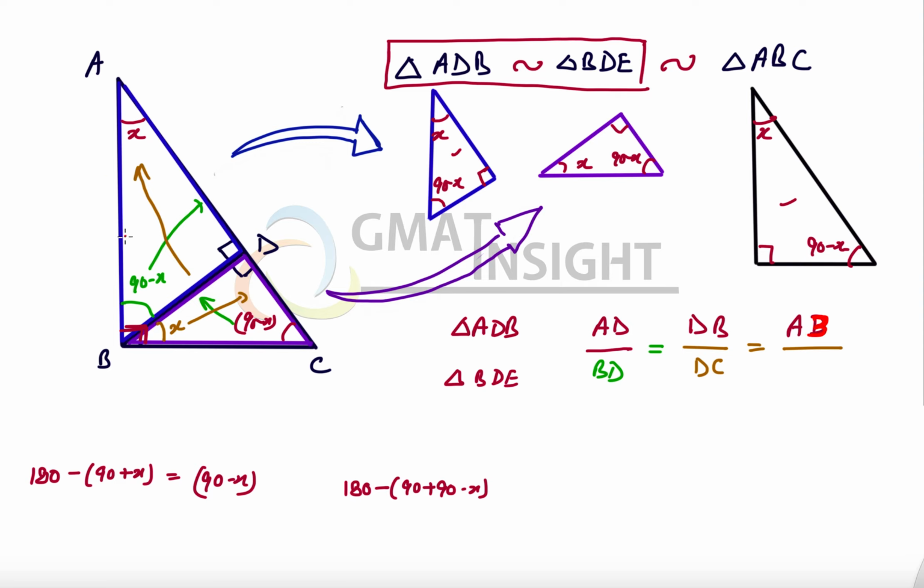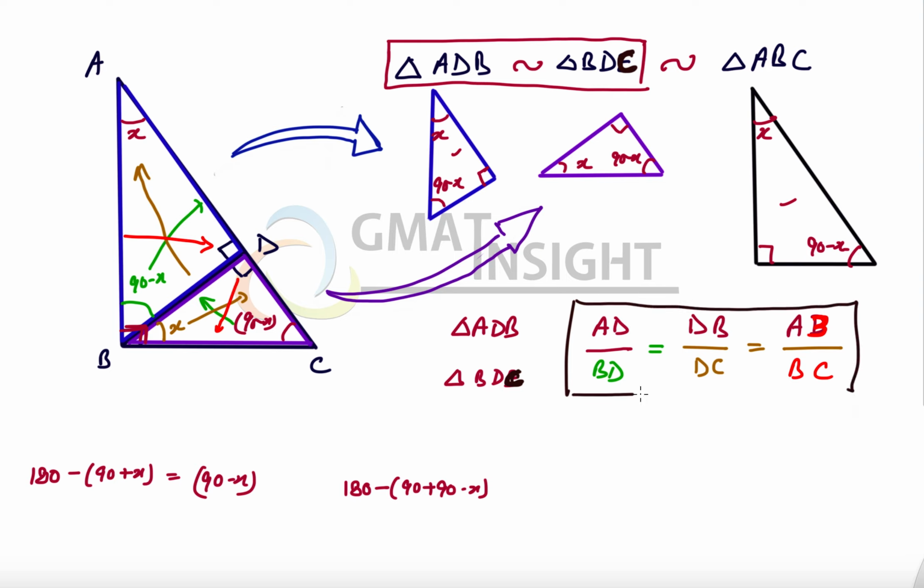AB is the side opposite to the 90 degree angle. So in the other triangle, the side opposite to 90 is BC. So that's how we find the ratio of the corresponding sides in case of these two triangles, which are ADB and BDC actually, right?